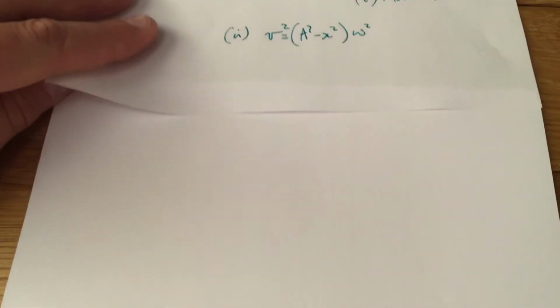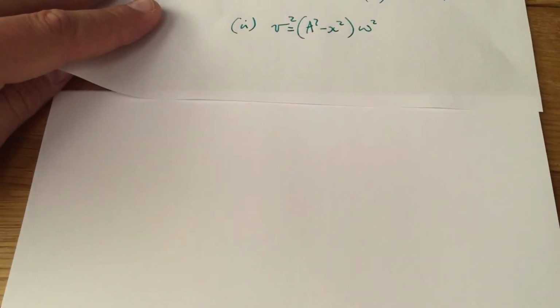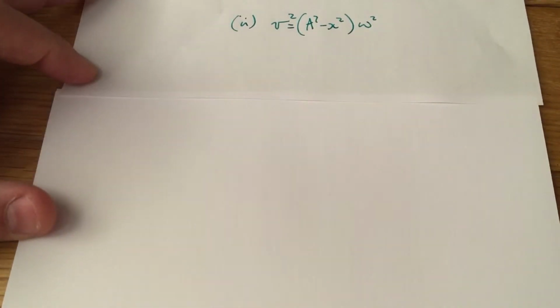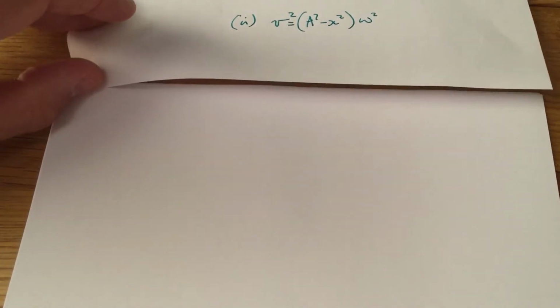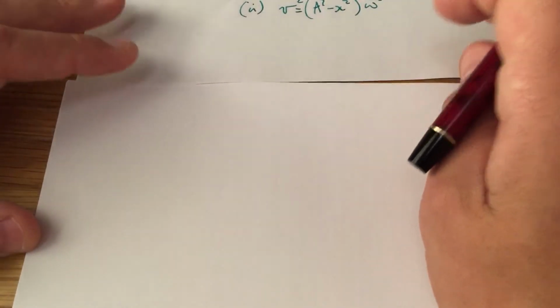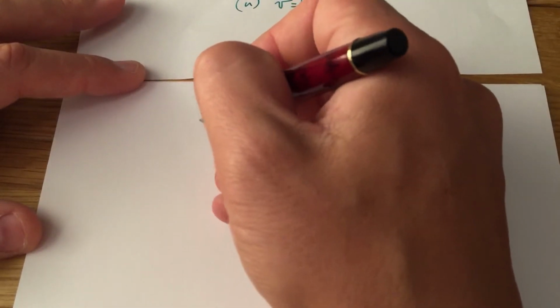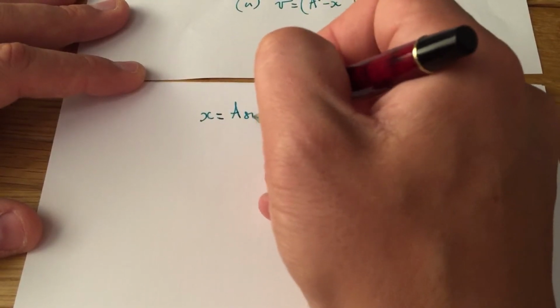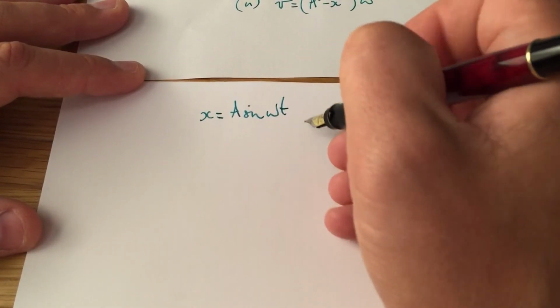So, just moving that out of the way. Using that identity, we have, just trying to see. Okay, how do we get to that identity? Is it worth just putting a little aside to say how we get to that identity? x is a sine omega t.